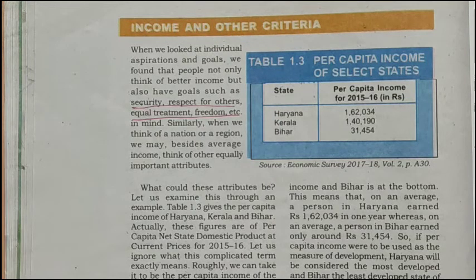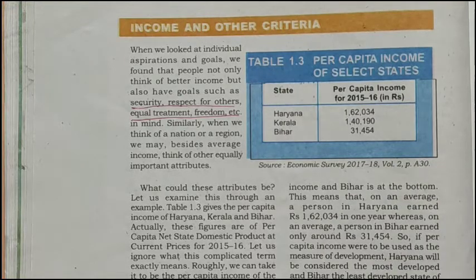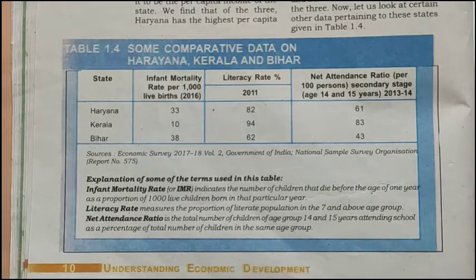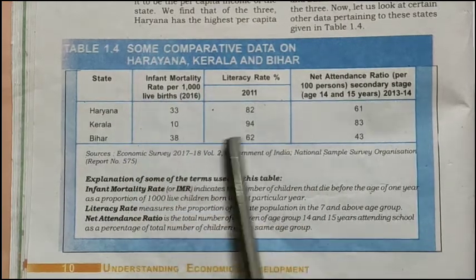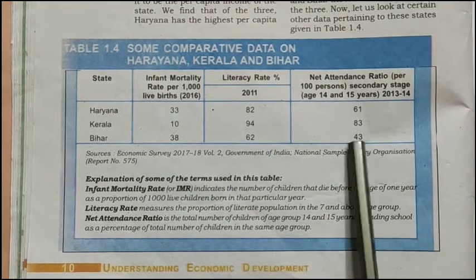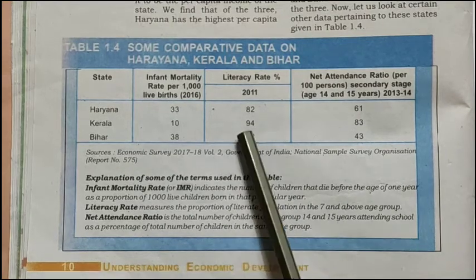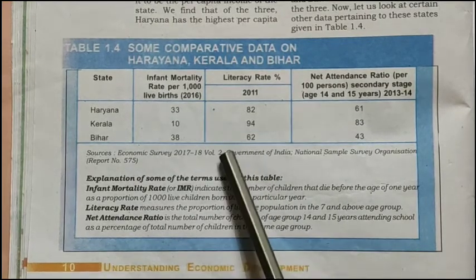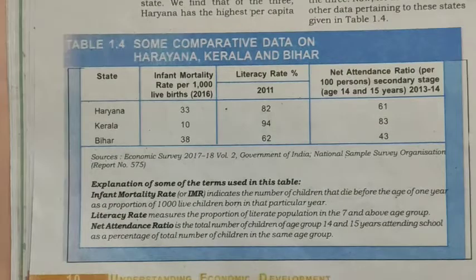Now let us look at certain data relating to these states given in table 1.4. Here the same states are given along with different criteria or dimensions to understand whether per capita income alone can be considered in developmental goals or not.